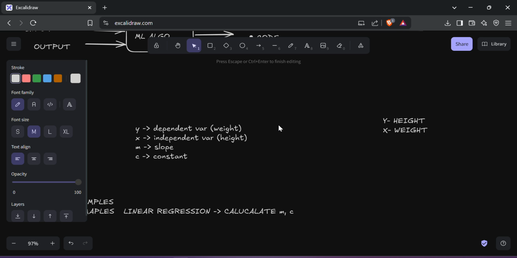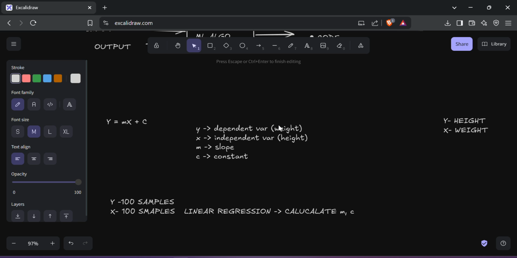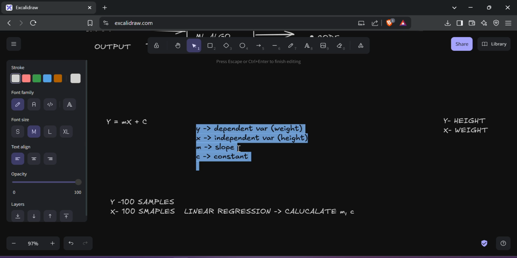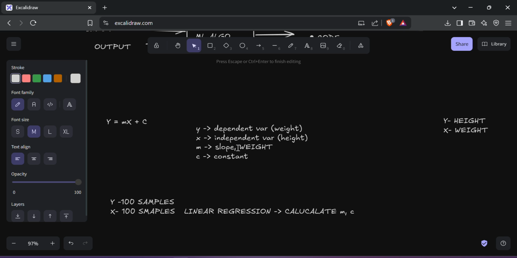This is how the model will get input as height and output as weight, and it will calculate some slope and constant. The slope we call the weight in machine learning, and the constant.